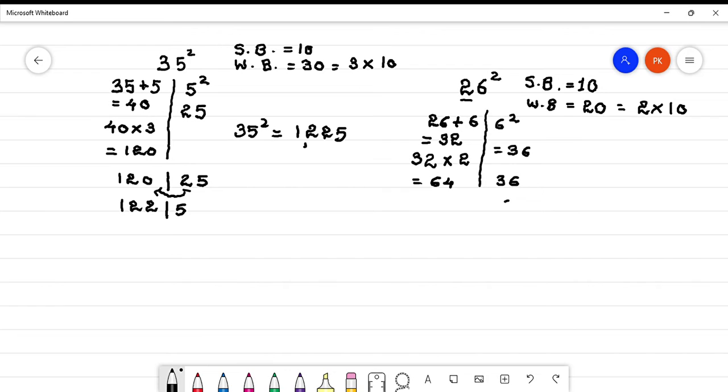Keep only 6 on the right side and carry forward 3. What is 64 plus 3? 67. And hence, you get 26 square as 676.